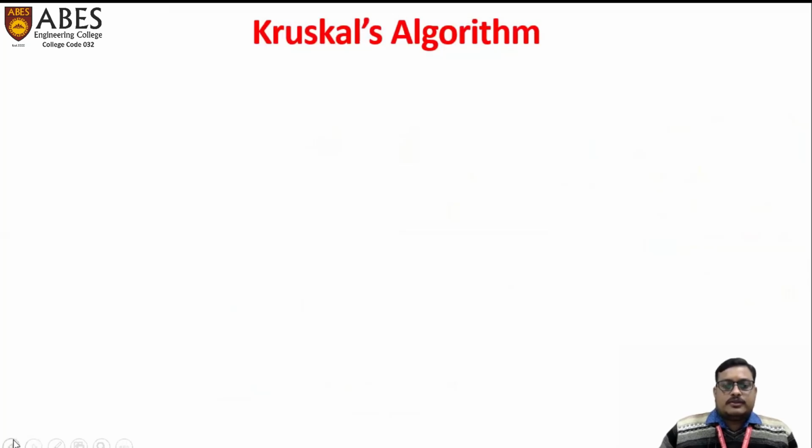Now the question arises: what is the complexity of this algorithm? The first step is sorting the edges. Suppose there are e edges. To sort them, we will take e log e.